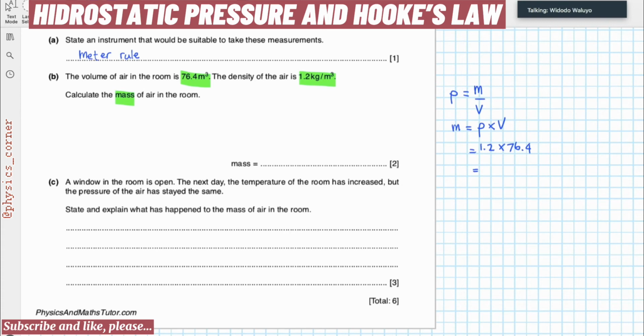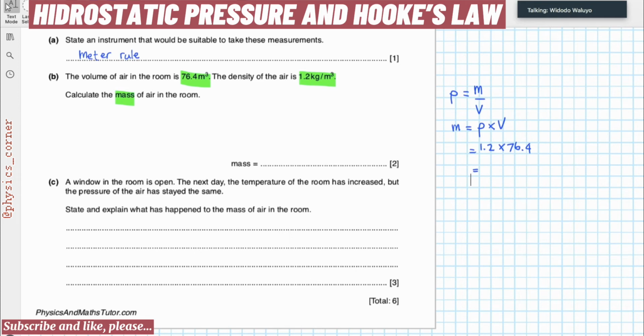So we have 1.2 times 76.4. This is equal to 91.68.